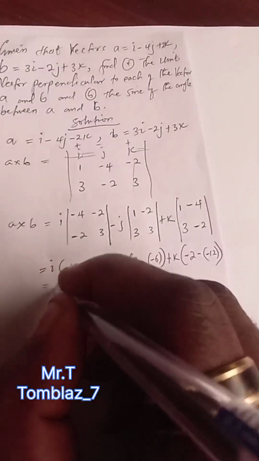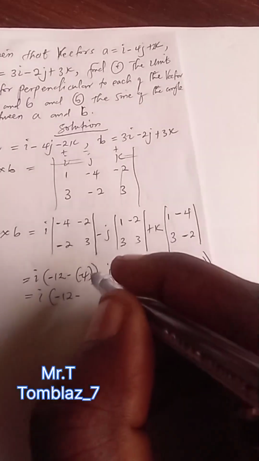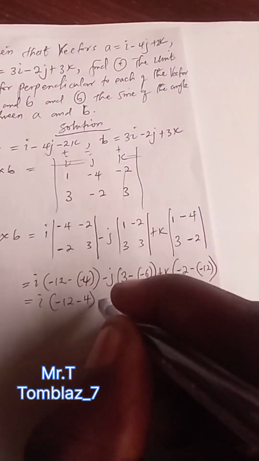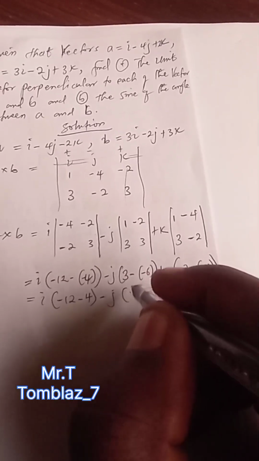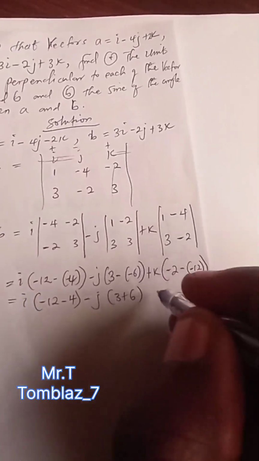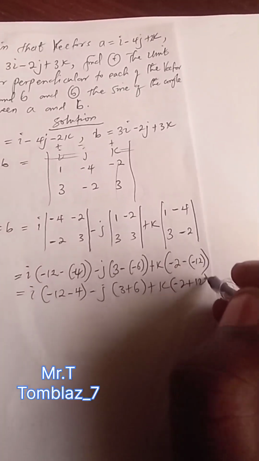So here we'll be having i into minus 12, and then minus 4. Then minus j into 3, minus times minus will give you plus. Minus 2, minus times minus will give you plus.